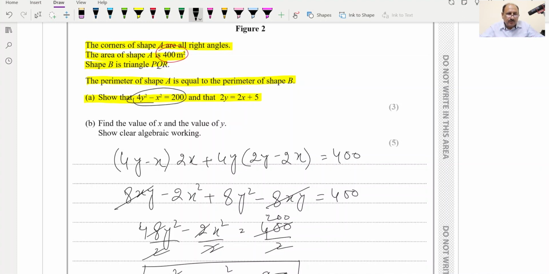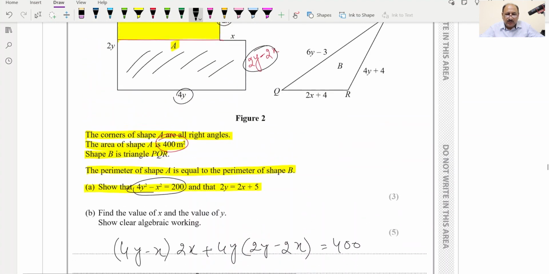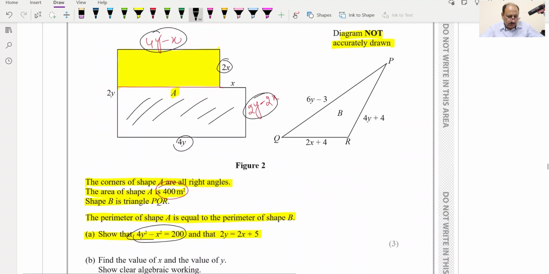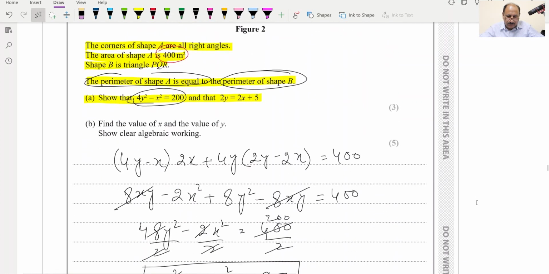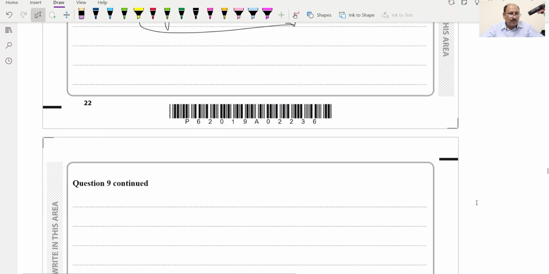And that 2y is equal to 2x plus 5. So for the perimeter, they are saying that the perimeter of shape A is equal to the perimeter of shape B. Now we can write down the perimeter of A. Perimeter of A is equal to what?